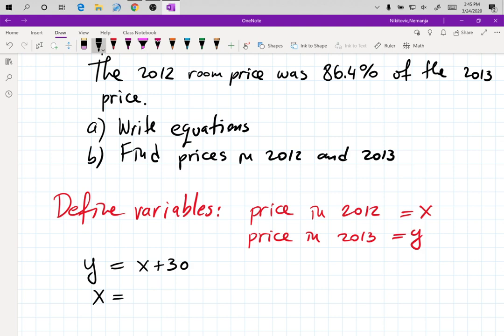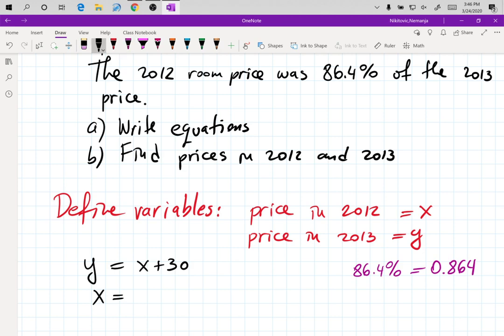Now, the word "of" in mathematics, in word problems, is made by multiplication, right? Of means multiplication. So we make the percents into a decimal. That's something else that you know from before, that 86.4% is written as 0.864. That is very important because we have to use decimals in our equation.